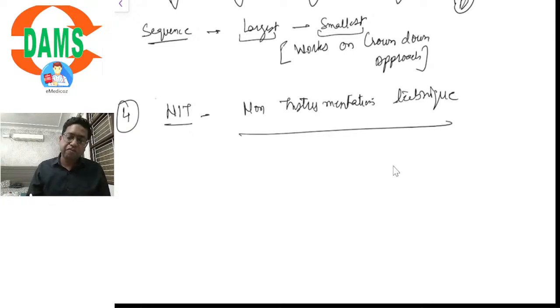That's why the concept of non-instrumentation technique came, that we would only clean the pulp chamber with instrument and not insert anything inside the root canals. Insert means no instrument is taken inside the root canals below the root canal orifice. That is known as non-instrumentation technique, and this technique was first proposed by Lucy et al.